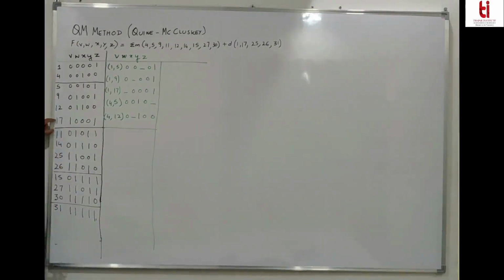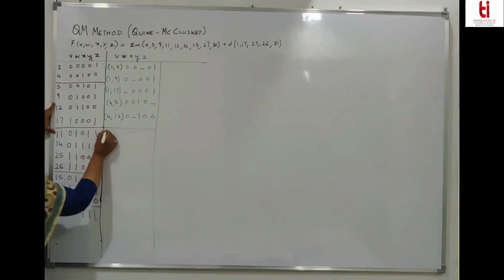Then you have to take these two groups. This one where there are 2 ones and this one where there are 3 ones. 5 comma 11, can you make a group? No. Because this bit is changing, next bit is changing, next bit, 3 bits are changing. 9 comma 11, can you make a group? Yes.